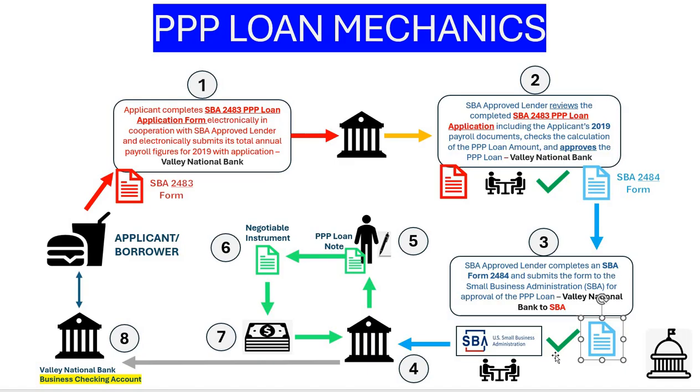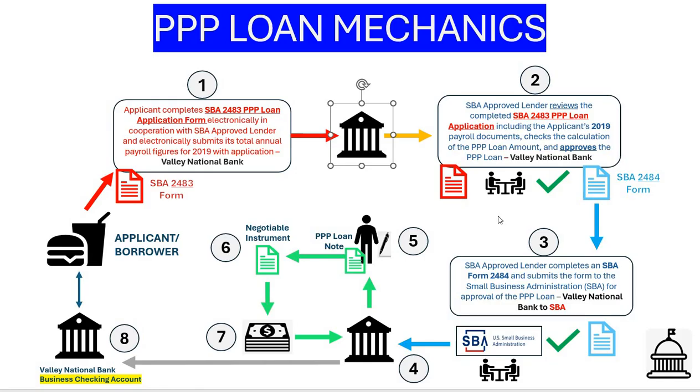Once the SBA 2484 form is approved for the PPP loan, it simply means that the SBA has agreed to insure the bank, not the borrower. The SBA is insuring the bank itself, or the lender, against losses on that PPP loan.